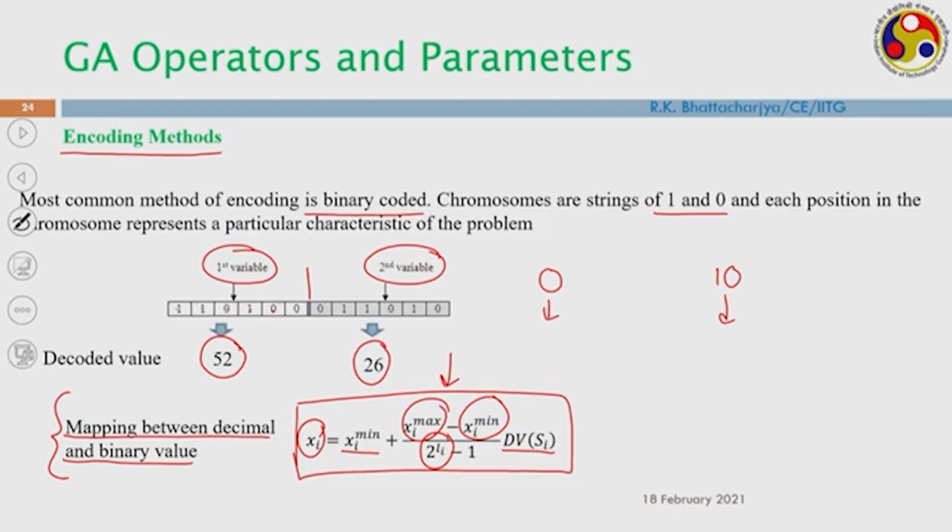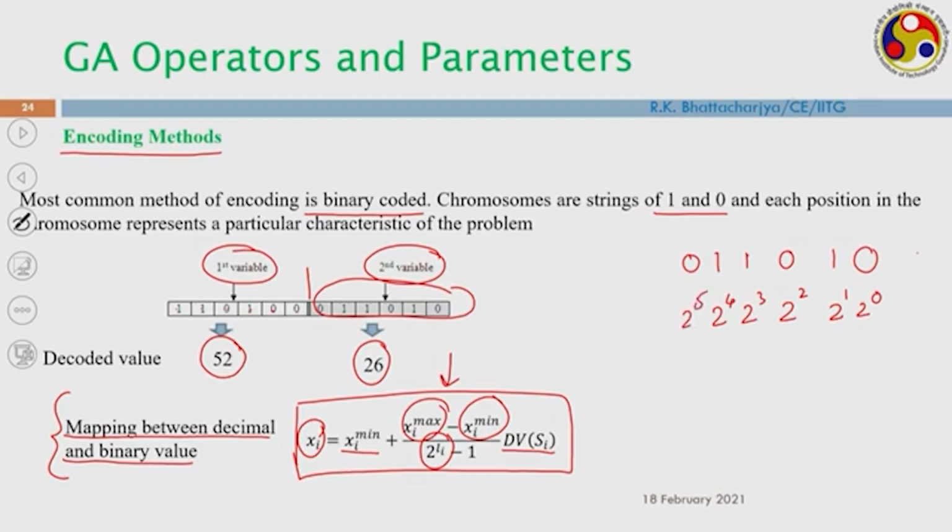Now, I would like to explain one thing here. Suppose you are taking a string 0, 1, 1, 0, 1, 0. What is happening here? If I decode this one, this is 2 to the power 0, this is 2 to the power 1, 2 to the power 2, 2 to the power 3, 2 to the power 4 and 2 to the power 5.